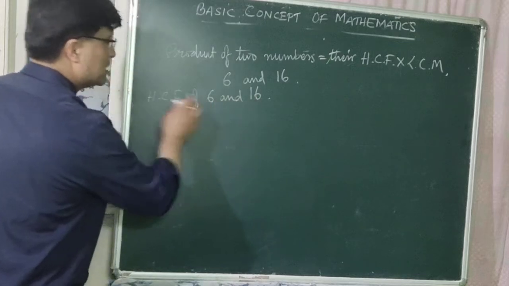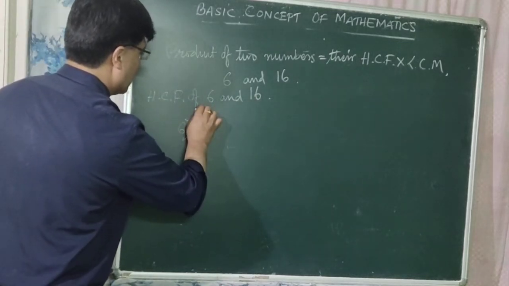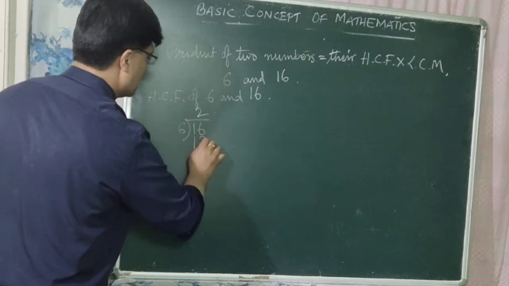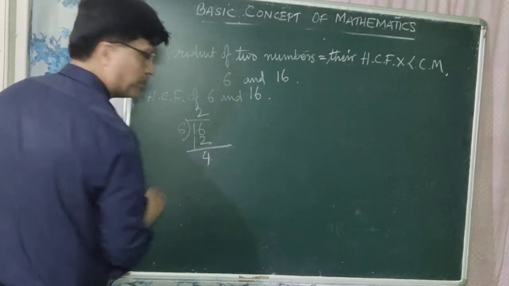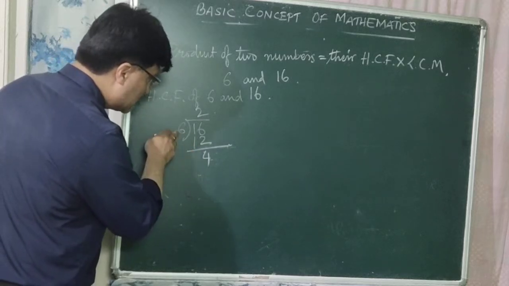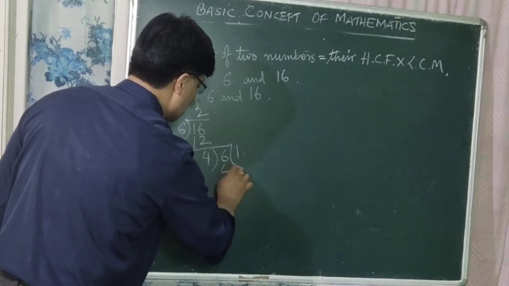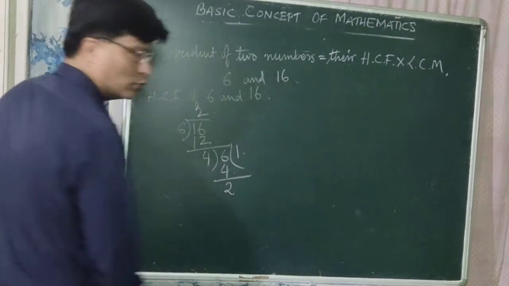We divide 16 by 6. 6 2s are 12, remainder 4. Now the remainder is 4. Again, this divisor 6 should be divided by 4. 4 1s are 4. What is the remainder? 2.